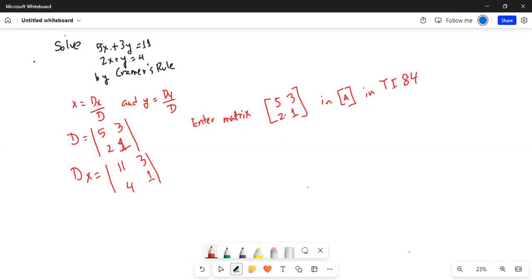First, I put the calculator on. Then I press the second button on the top left, then the X minus 1 button.